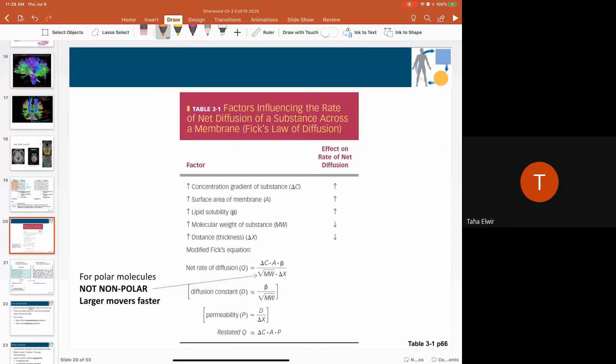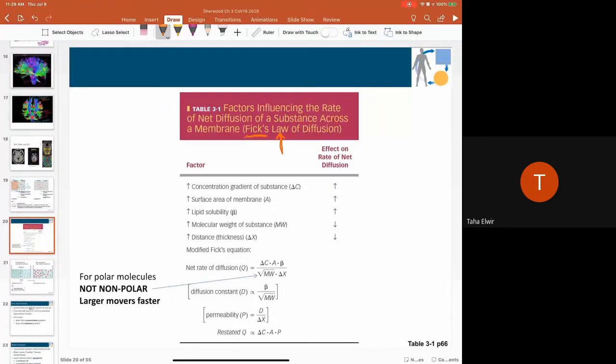So this guy, Fick, was looking at diffusion, and he came up with some information about diffusion, and it hasn't been disproved yet, so it's referred to as the law of diffusion. And his name is attached to it. It's Fick's law of diffusion.